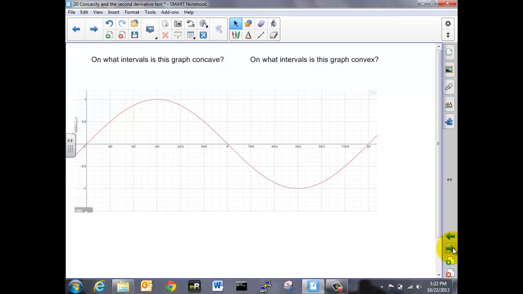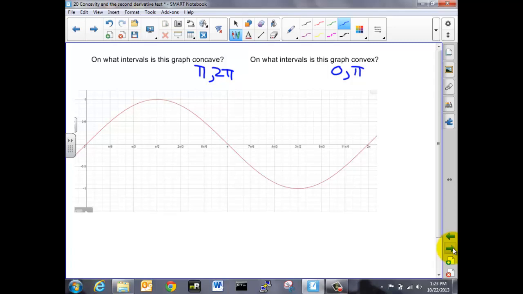And where? She says it's concave from pi to 2 pi, convex from 0 to pi. Does that make sense to everybody? Convex means that it's up in the air.